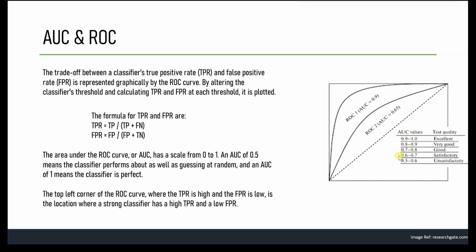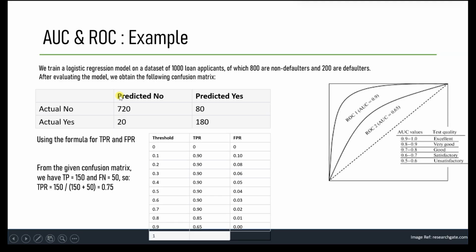And in the same way we have different scales. So this is what the AUC-ROC score is for. It is used to compare multiple different models. Later on we will be using the AUC-ROC curve to compare logistic regression, random forest, and other algorithms also.